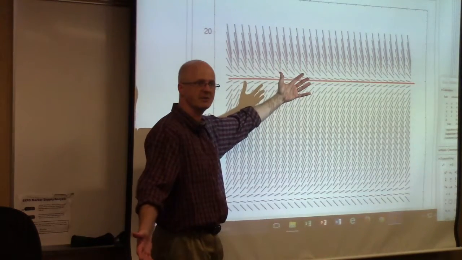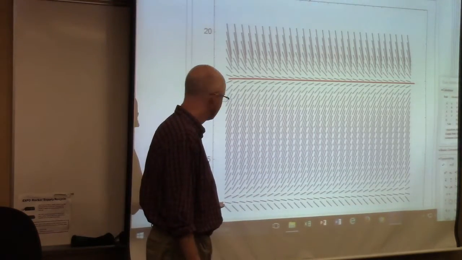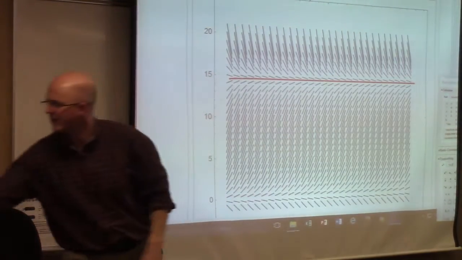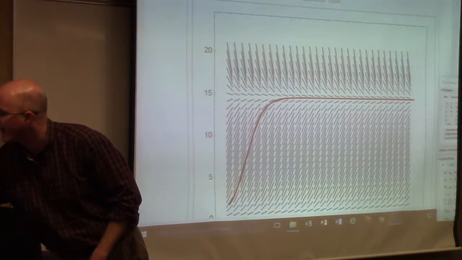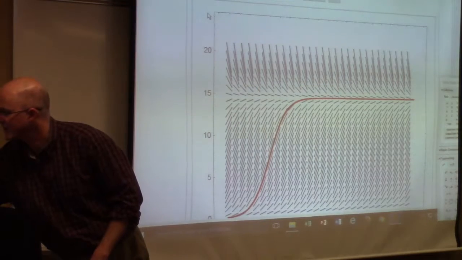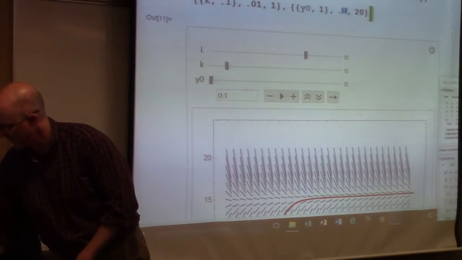Constant, it's a constant function. Also, when the initial condition is 0, which I don't know if I give myself that option. Go down to 0 here. Just barely bigger than 0 there. Okay, let me give myself that option to go down to 0.